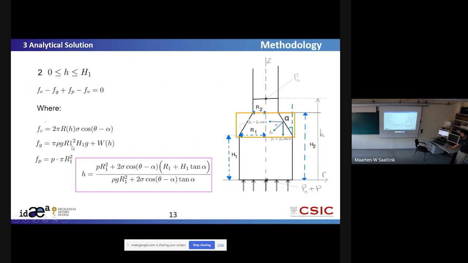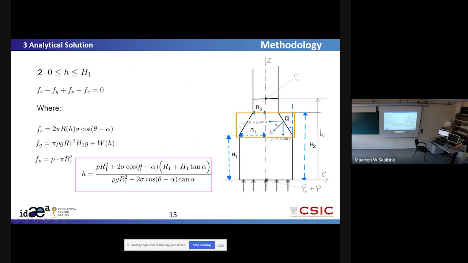So if we plug these forces into our equation, we arrive at this, not very good equation. I don't know what this really means, but it has a dependence on alpha. You see that theta was the contact angle.